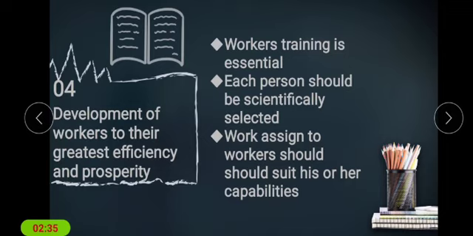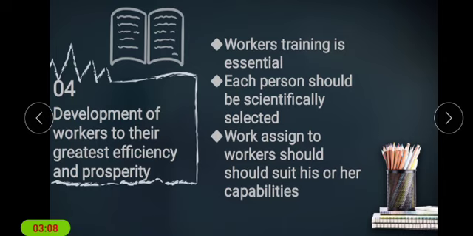Taylor suggested that the workers should be selected on the basis of their educational background, work experience, physical strength, etc. That means each person should be scientifically selected. Work should be assigned on the basis of their interests, capabilities, and knowledge, which leads to an increase in efficiency and growth of the company and its employees.